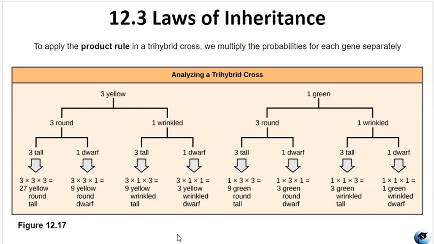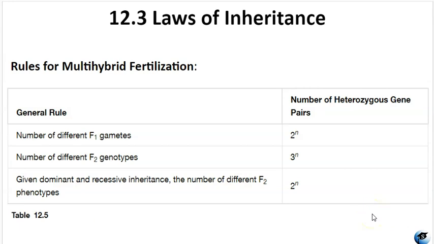So the probability of the F2 offspring having yellow, round, and tall traits is going to be 3 times 3 times 3, which is 27. And the probability of having green, wrinkled, dwarf plants is going to be 1 times 1 times 1, which is 1. And that's how you end up with the 27:9:9:9:3:3:3:1 ratio. The probability method provides the expected proportions of offspring without the visual aid of a diagram.